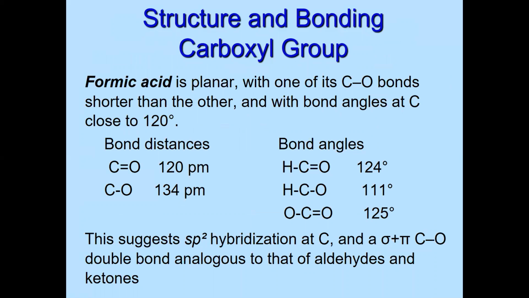Formic acid is planar, with one of its carbon-oxygen bonds shorter than the other, and with bond angles at carbon close to 120 degrees. You can see some characteristics of bond distances and bond angles.